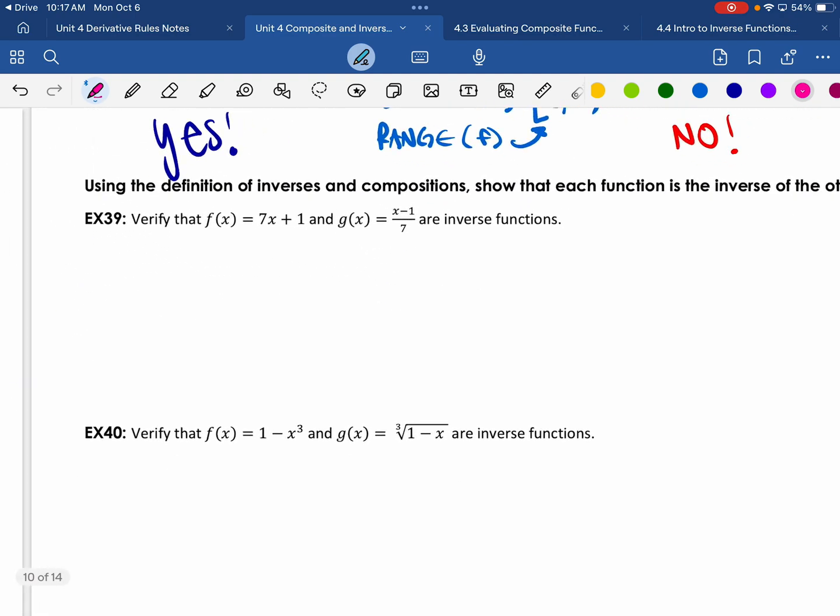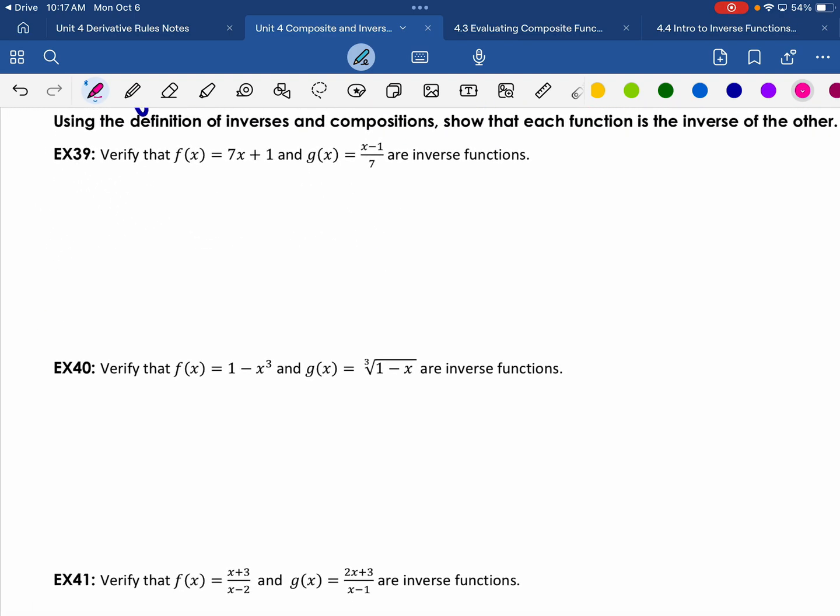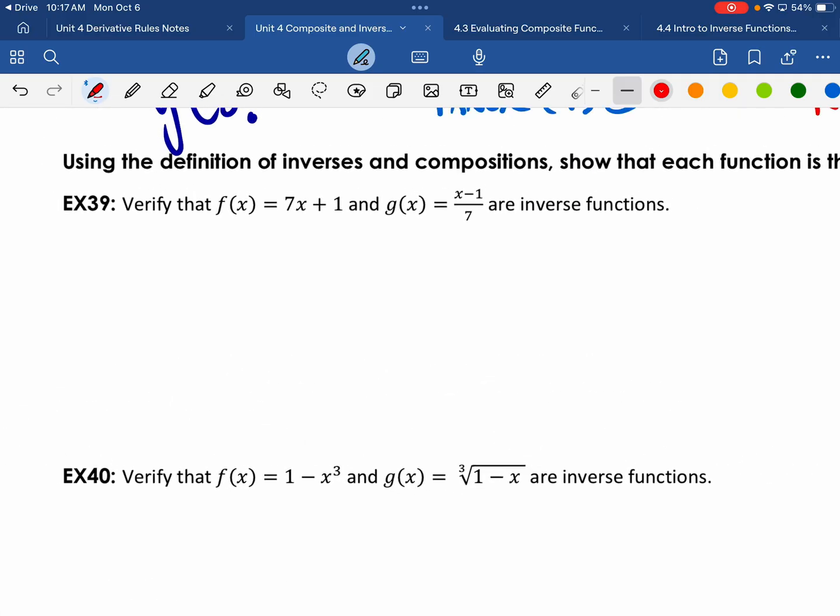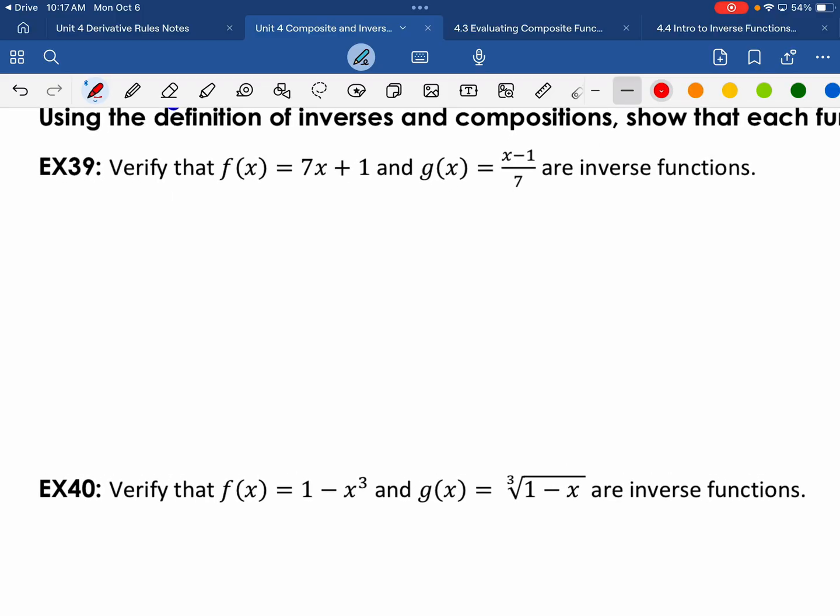All right. Let's talk about the next couple. The next couple are more algebra, and we are going to use the definition to prove that these guys are inverses. So I'm telling you that they're inverses. So your work is showing me the answer. So if you just write, yes, they're inverses, that's not showing me the work. So I'm going to be very specific what I need, so when you do it on the test, you know what I'm talking about.